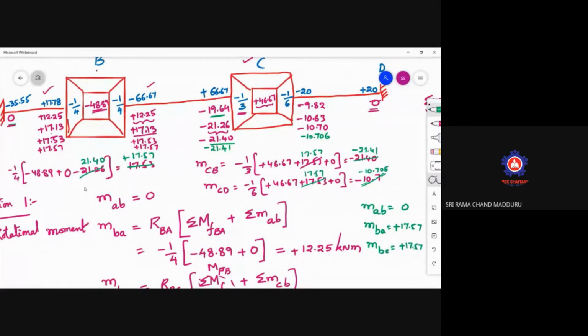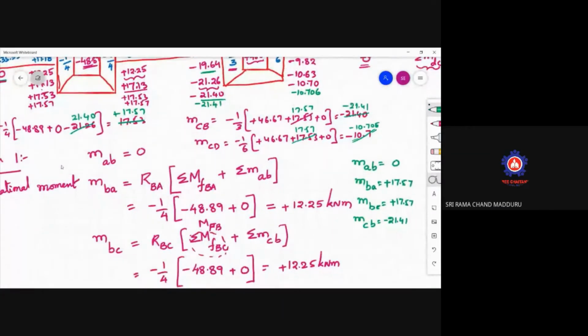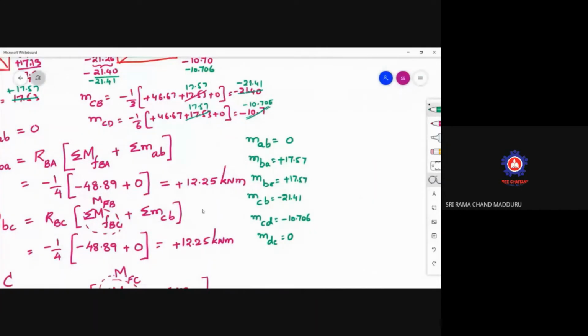Add kilonewton meter; I'm just not writing that, but you have to add that also. MCB is minus 21.41. MCD is minus 10.706. MDC is 0.